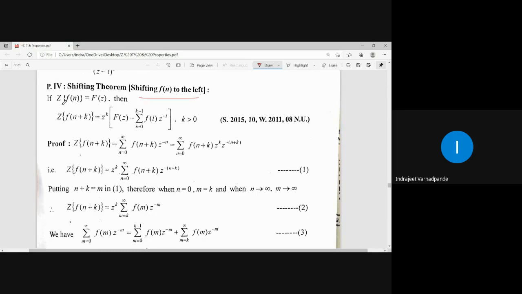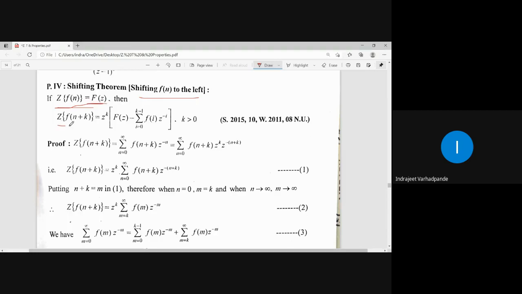First and foremost condition for the proof of any of the properties is the definition of the Z transform, which should hold true. So here, Z of f of n is equal to F of z.